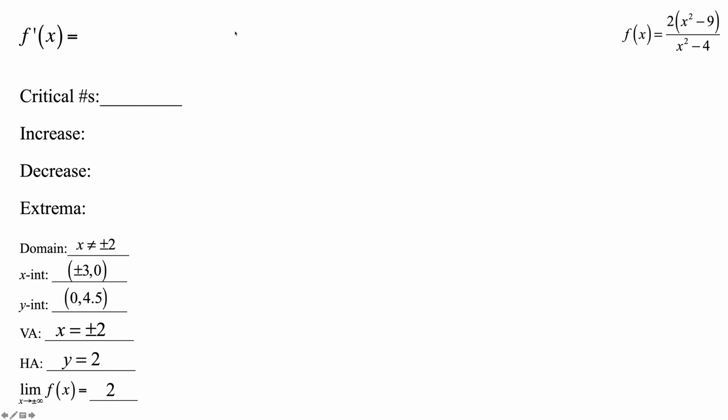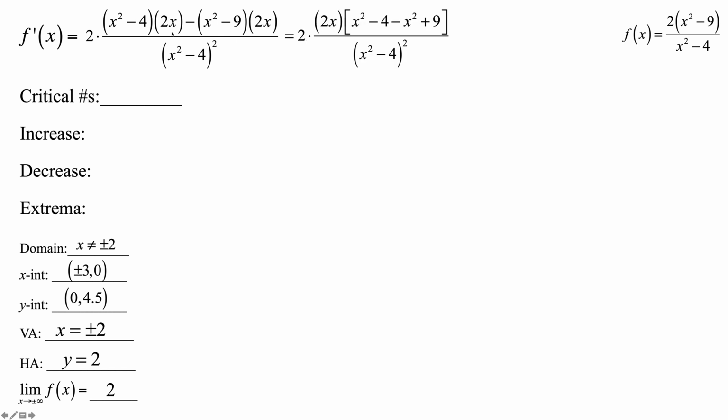So again, we can do some factoring here. We can take the 2x and factor that out. So you have x squared minus 4 minus x squared plus 9. So my x squareds are going to cancel. Negative 4 plus 9 is going to give me a 5. So the 2 times 5 gives me 20x on the top over x squared minus 4 being squared.